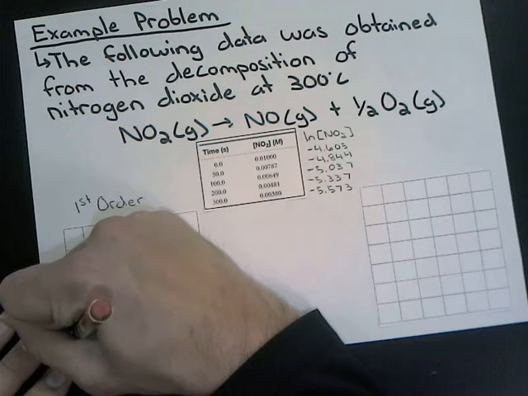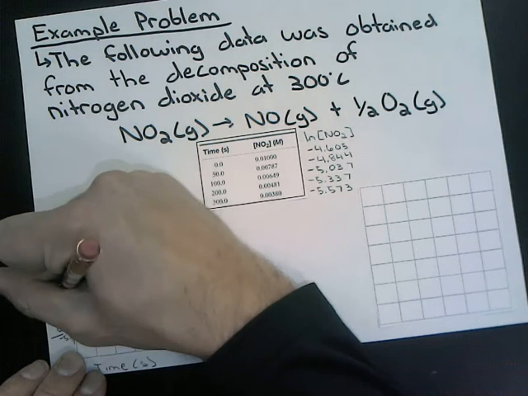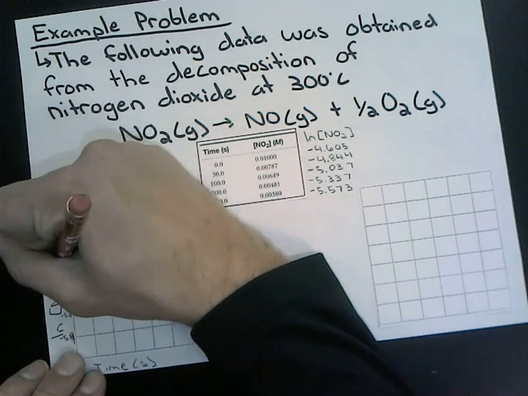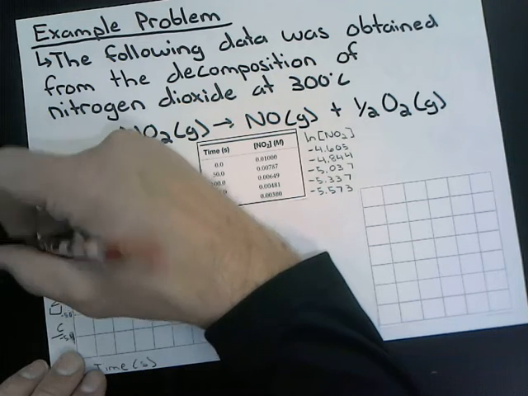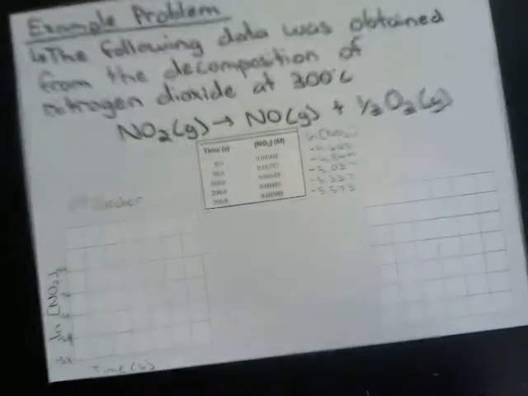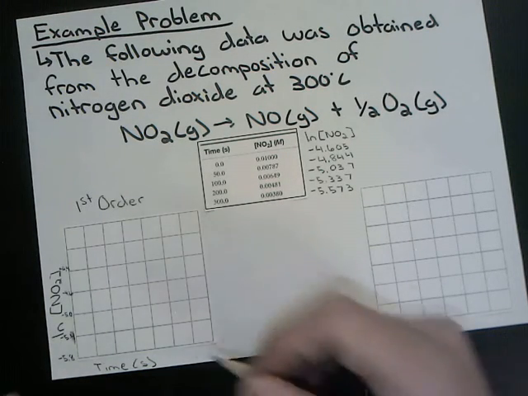Let's go negative 5.4, negative 5.0, negative 4.6, and negative 4.4.